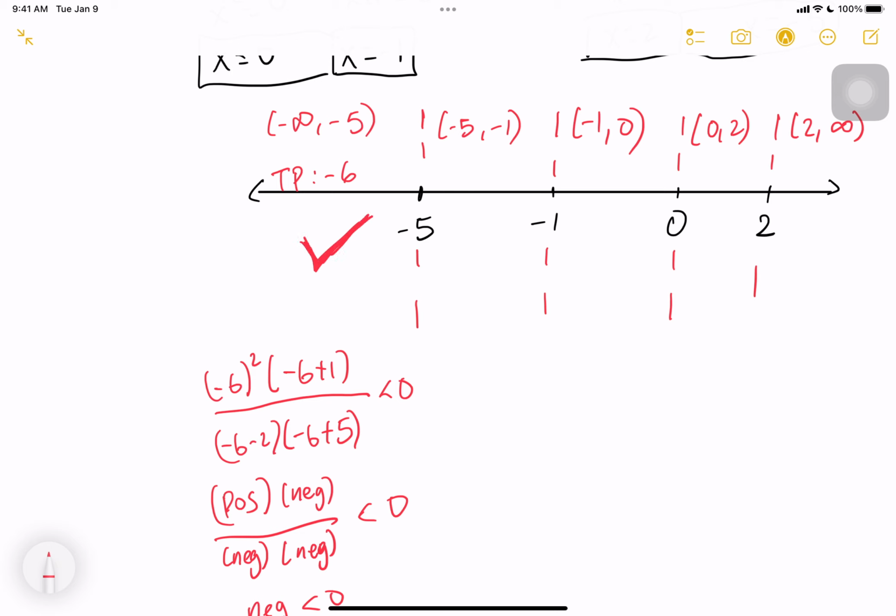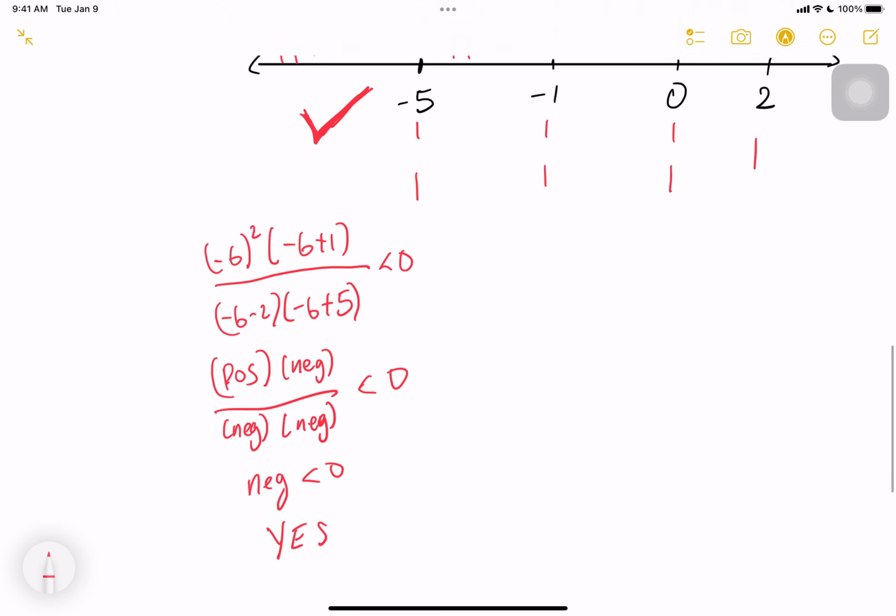I need a number between -5 and -1. Say, for example, -2. And I have to plug that -2 in. So it's going to be -2 squared, -2 plus 1, -2 minus 2, -2 plus 5.